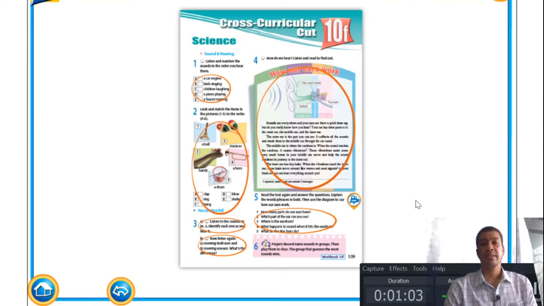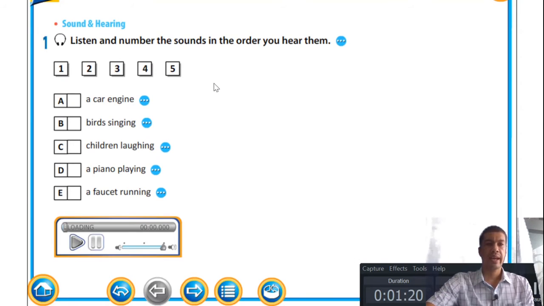Moving on, for today's lesson we'll focus specifically on sound and hearing, focusing on the ear. Let's get right into the lesson. Page 109, and after that we can do the workbook. Sound and hearing. I will play an audio clip for you, and then we will number and listen.